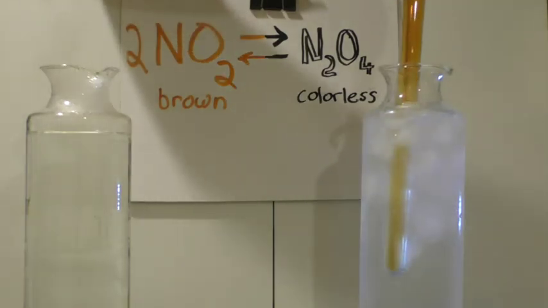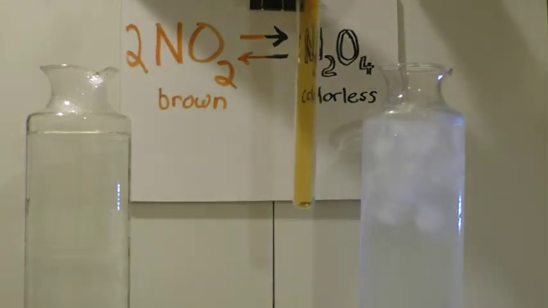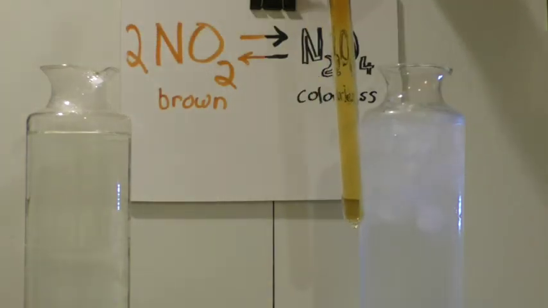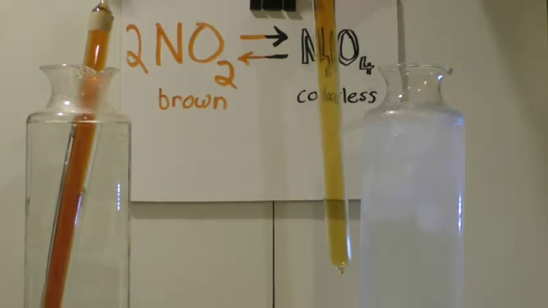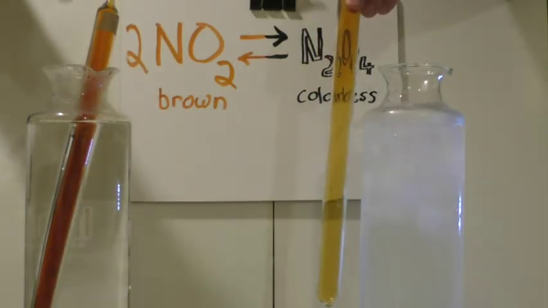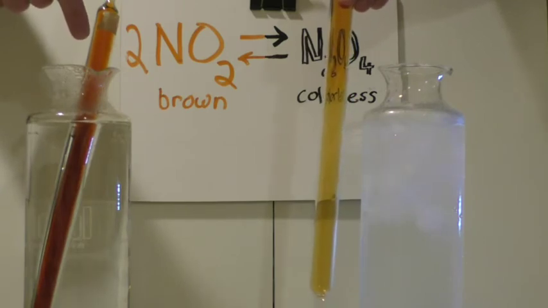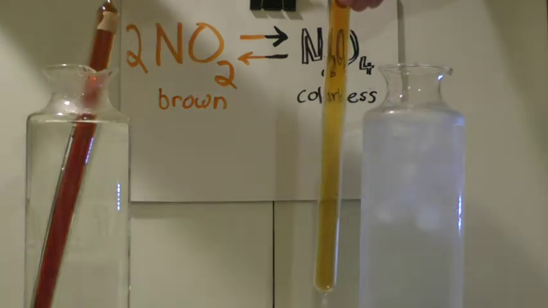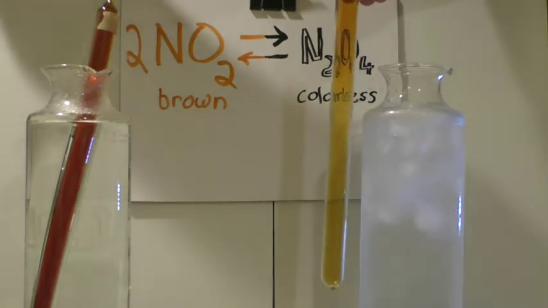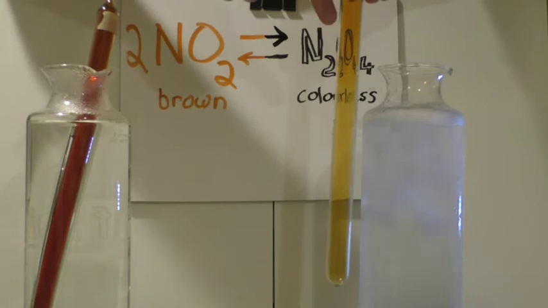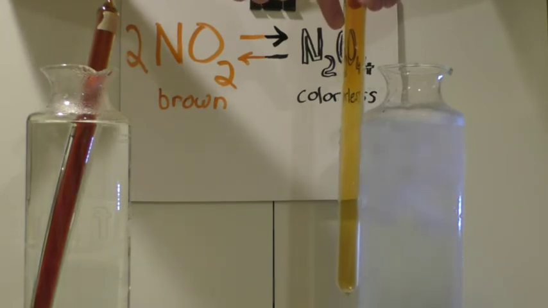So now when I look inside this tube, I analyze it, I can say, well, if I compare this to a similar tube at high temperature, which I'll pop right in there, clearly the tube on your left is darker and contains more NO2 than does the tube that's over here on your right, because it's darker. So this one has apparently more N2O4 and less NO2.